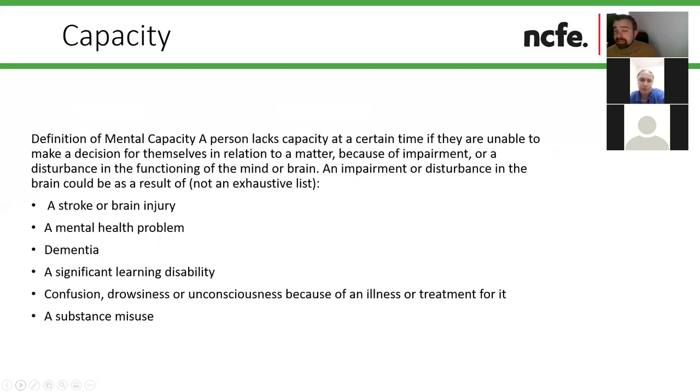Obviously, we know capacity is fluid, and what you're starting to get a strong sense of is the digestive system and the urethra system, urinary tract system can cause fluctuating issues with capacity. If I've got an infection in my water, it can cause me to be confused, delirium, or if I'm constipated, again, that can cause a change in capacity.